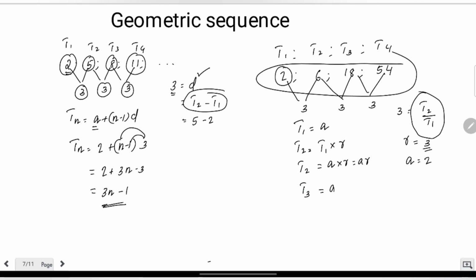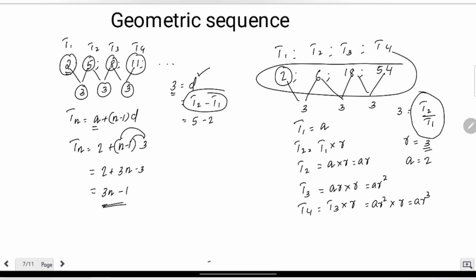Second term, that is ar, multiplied by the common ratio again. That is 6 times 3. So it is going to be ar squared. What is T4? T4 is whatever T3 is multiplied by r, which is ar squared times r, which is going to be ar cubed.